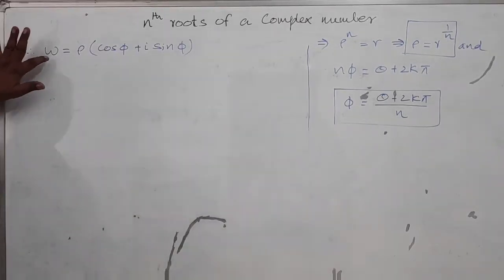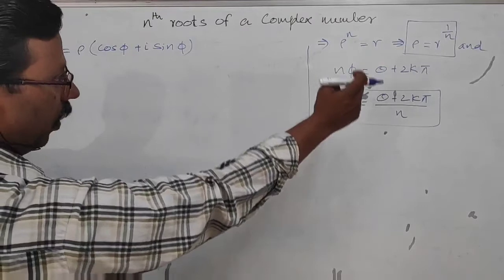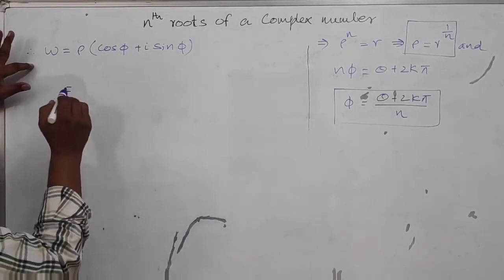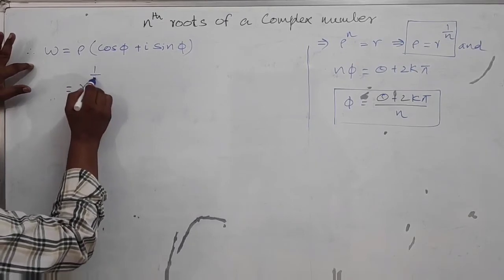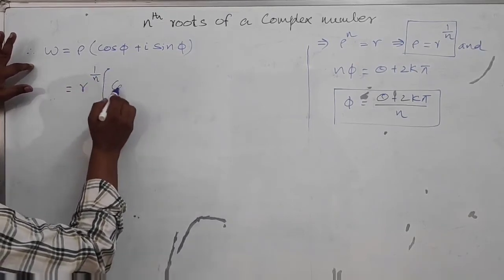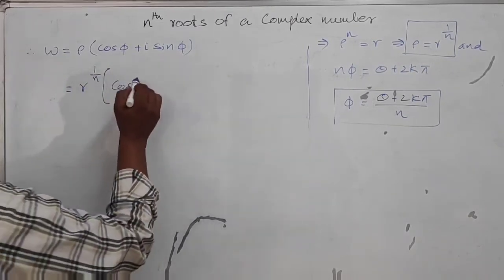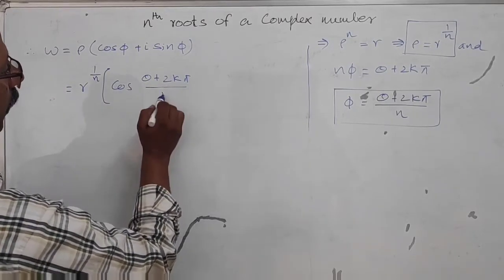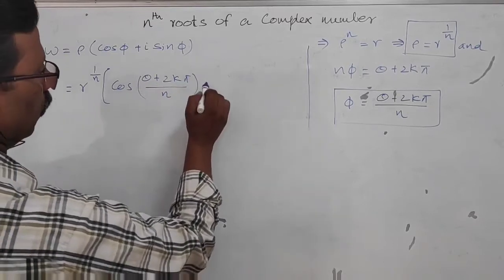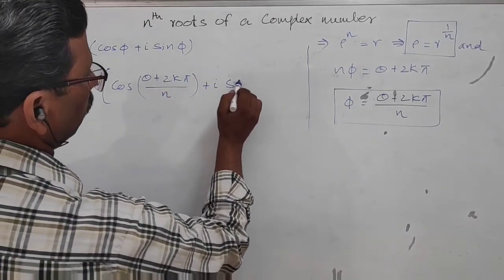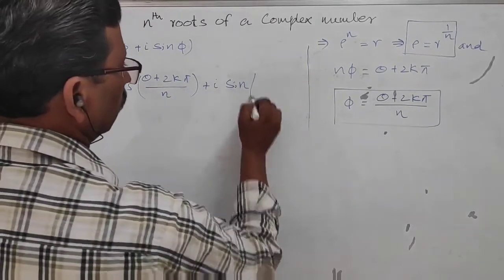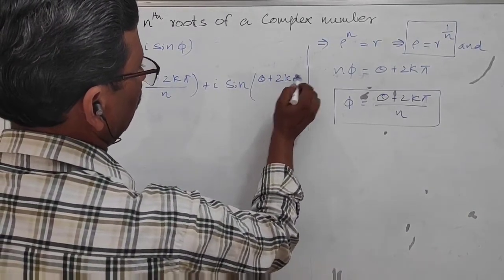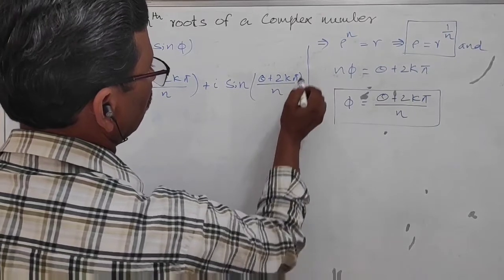Therefore, we are going to replace this rho value and the phi value in this omega, which is equal to r power 1 by n into cos of theta plus 2k pi by n, plus i sin of theta plus 2k pi by n.